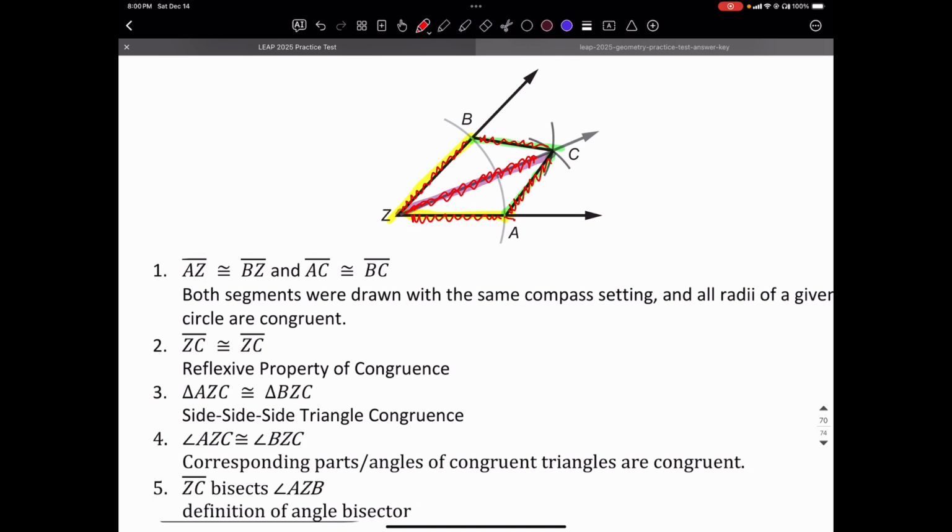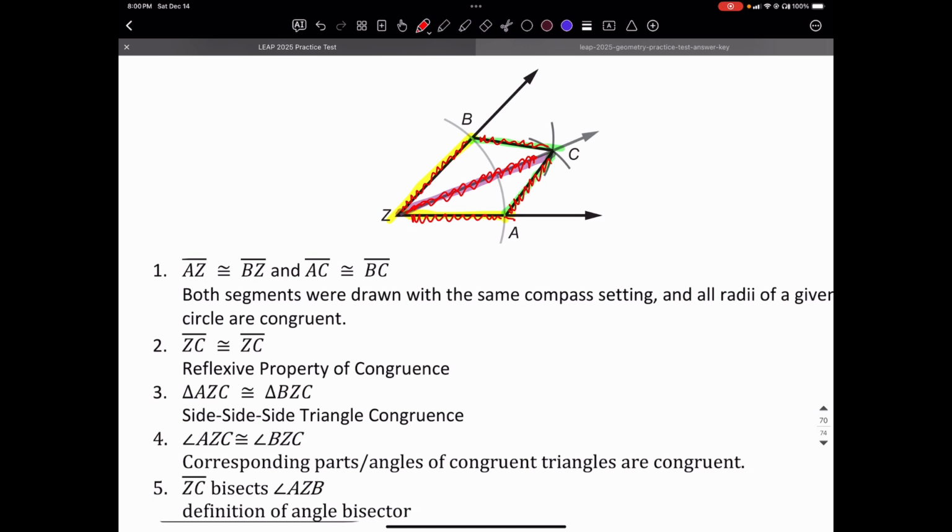So you have two triangles with three congruent sides. So then you would have triangle AZC is congruent to triangle BZC, and that's because of side, side, side triangle congruence.